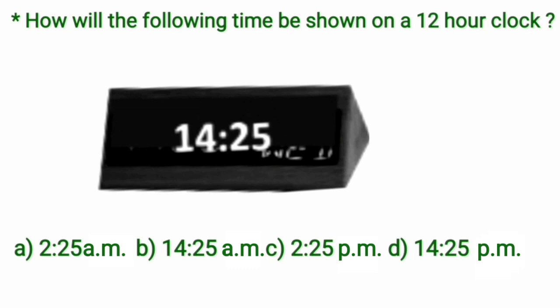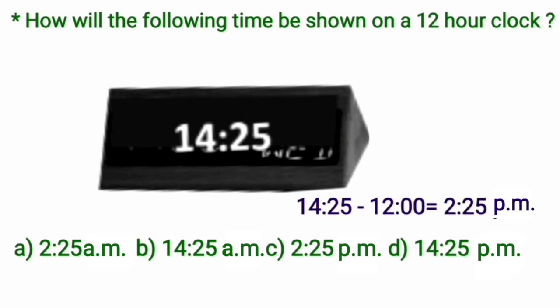Children, to calculate the time according to the 12-hour clock, we will subtract 12 hours from the given time. Now we will subtract 12 hours from 14:25 and we get 2 hours 25 p.m. because it's the time after 12 hours. That's why we will put p.m.